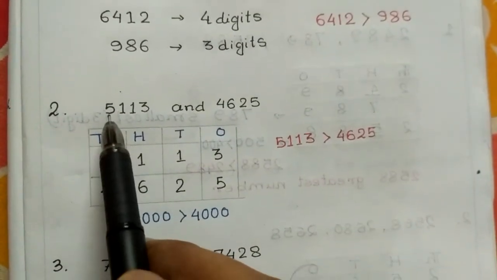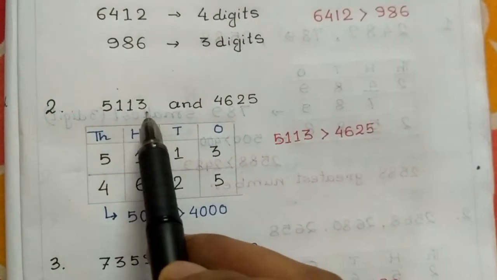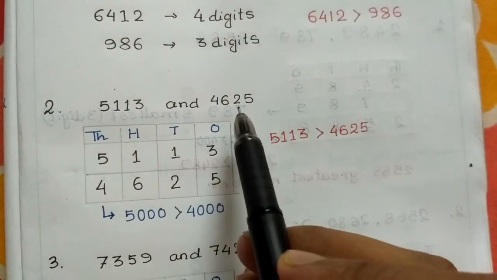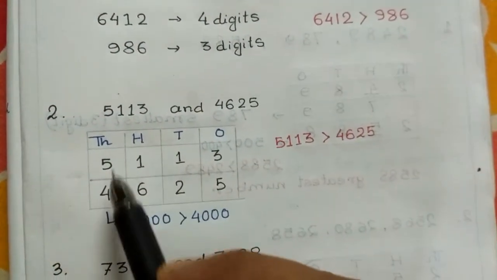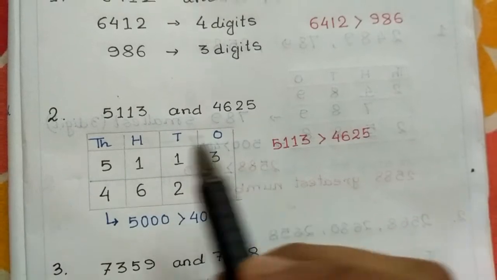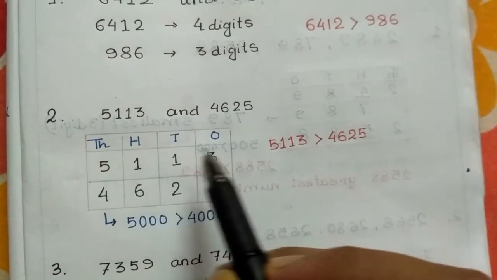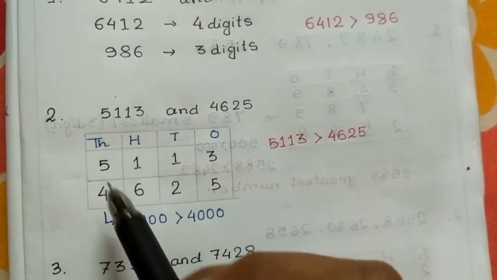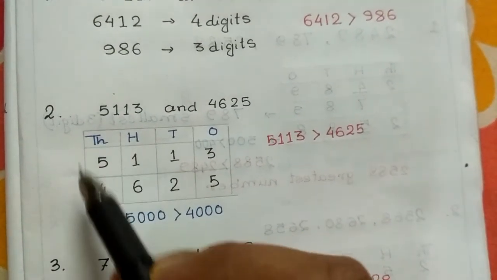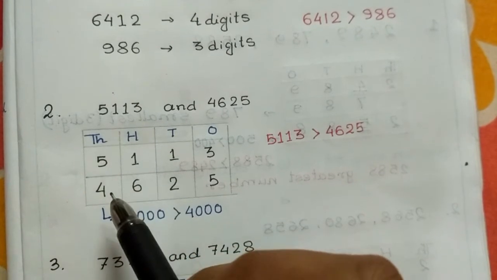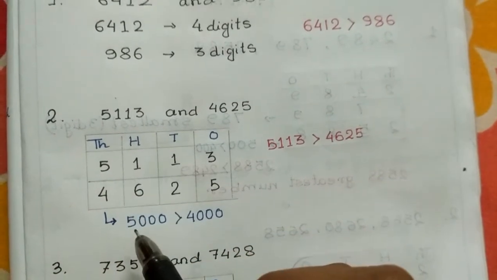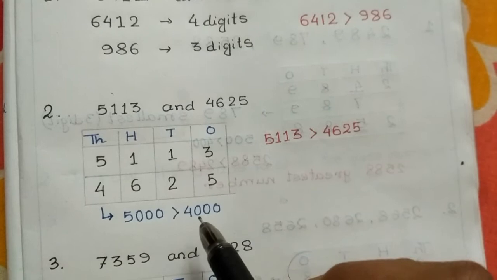Next, for example 2, I have taken two numbers. First one is 5113 and next one is 4625. If we put the number in the segment of thousand, hundred, tens and ones, then we can find out that in the segment of thousand, 5 is greater than 4. That means 5000 is greater than 4000.